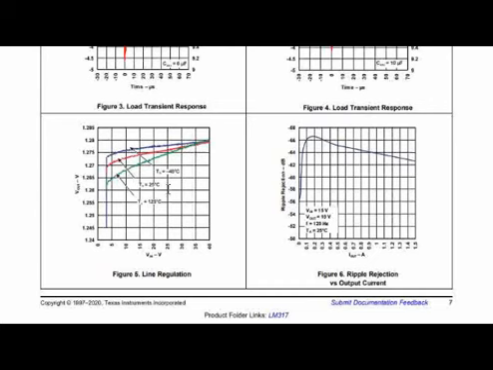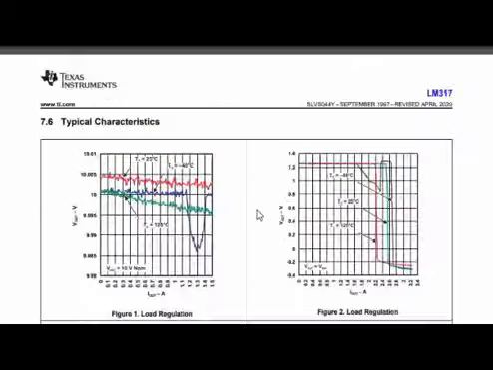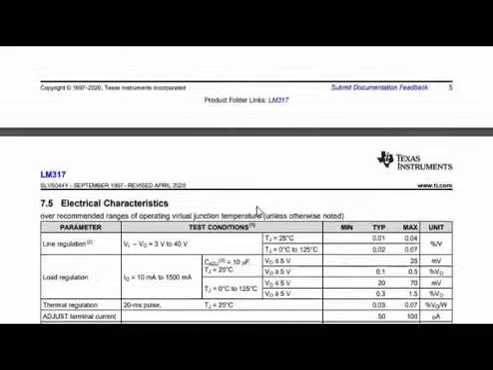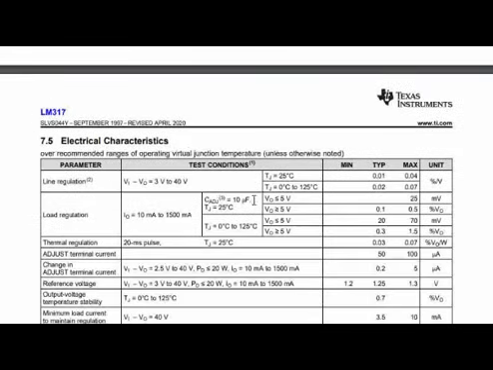So we can say the line regulation depends on temperature because of the thermal characteristics of the components that are part of the regulator. If we go back to the specifications, here also we can clearly see that at room temperature the maximum line regulation is 0.04% per volt, whereas when we go up to 125 degrees, the line regulation value has increased.